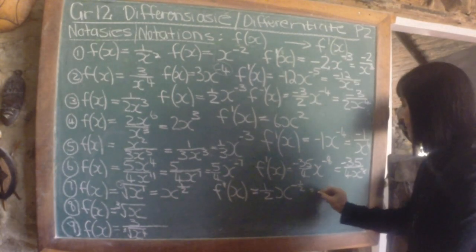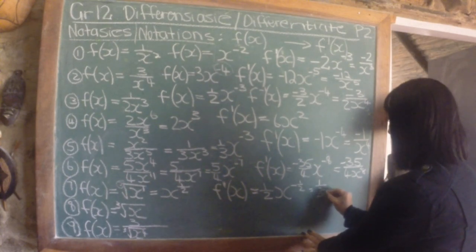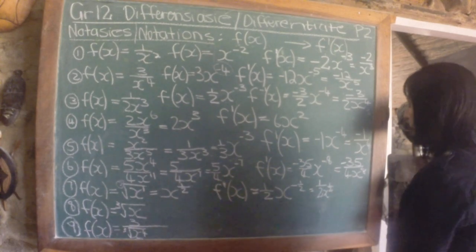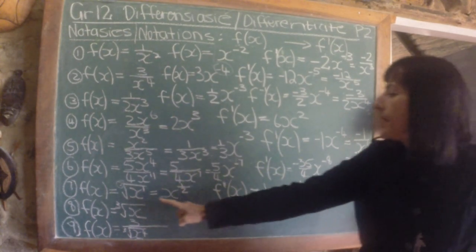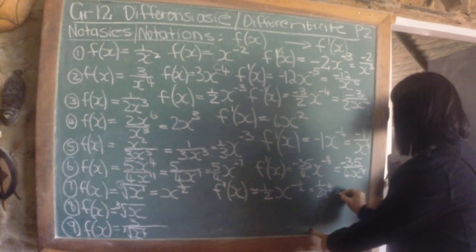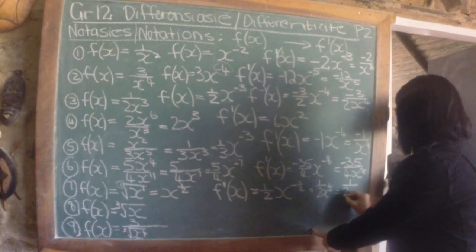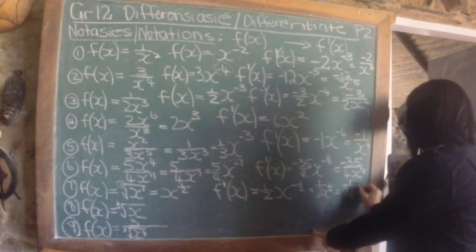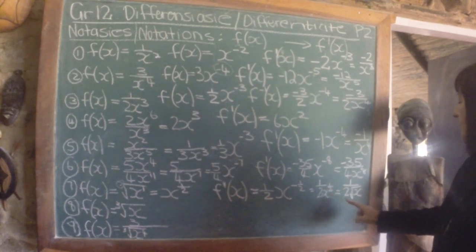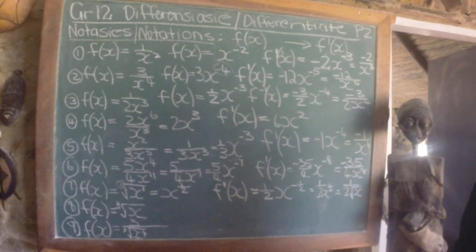So ek het 1 op 2 en ek vat die half onder die lyn in, dan word dit plus 'n half. And now I've received this as a root. Ek gee hom terug as 'n wortel, so ek gaan skryf hom oor as 1 op 2 wortel x. So I'm taking that back to a root because I received it as a root.